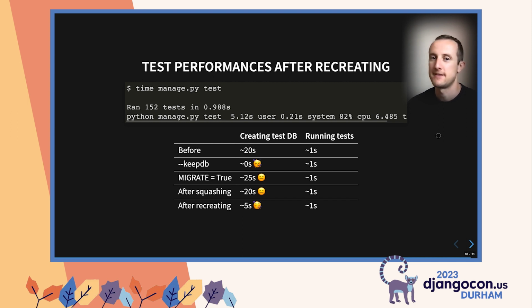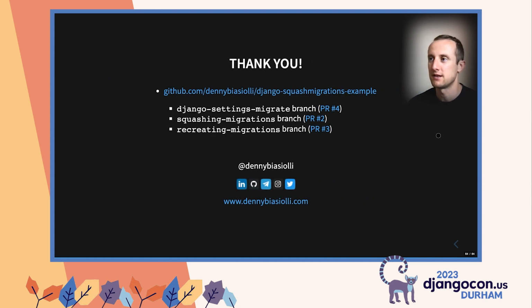So thank you for your time, and here it is, your link to the sample repository. You can see in the Django settings migrate branch the change I did just for the single line of MIGRATE equal False.